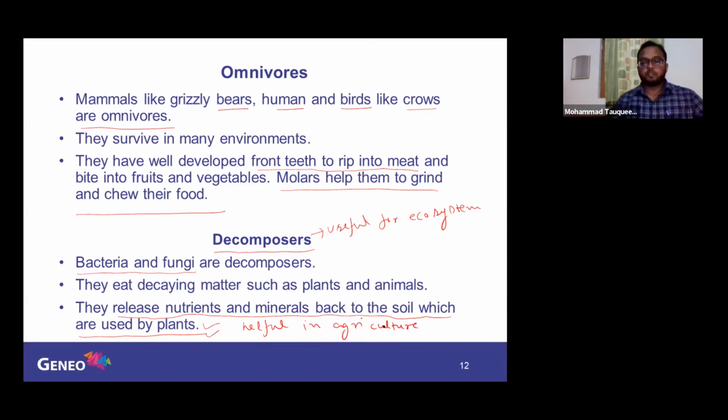So this is all about producer, consumer, and decomposer. You have to remember in this slide for omnivores, this is the important point. And for decomposer, this one is an important point, and this one is also an important point. A question can be asked why decomposers are very useful for agriculture, industry, or ecosystem. Then you have to say that they release nutrients and minerals back to the soil that is used by plants.